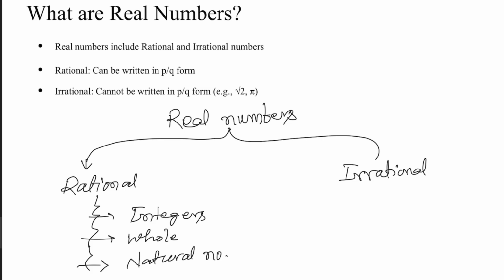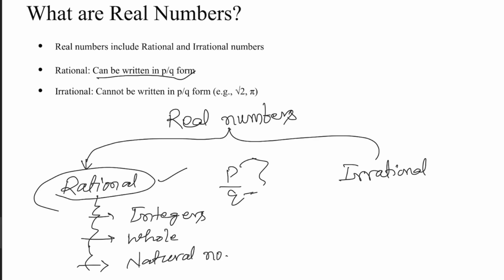So what is a rational number? Rational numbers are the numbers which can be written in the form of p by q, where p and q both are integers and q must not be equal to 0.